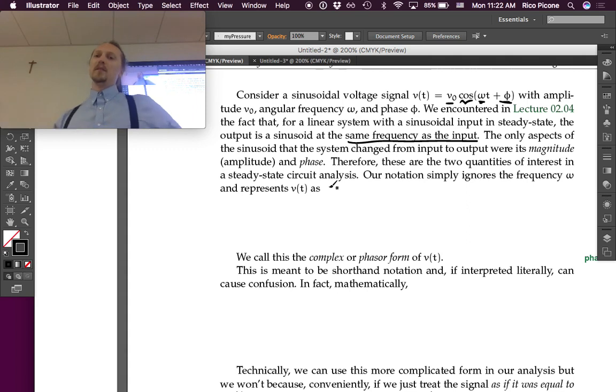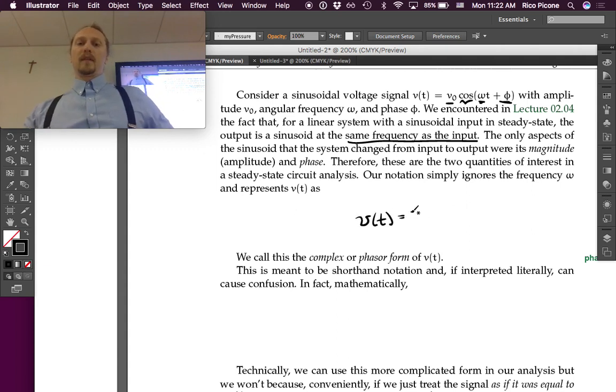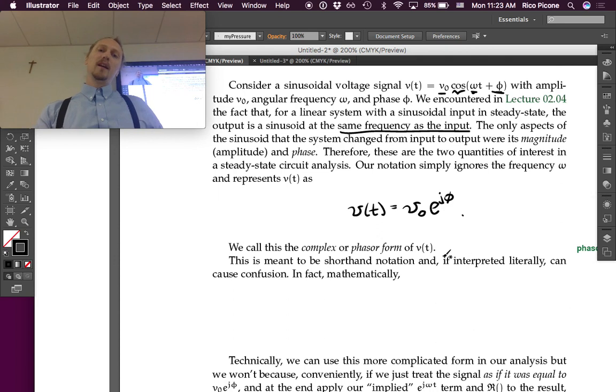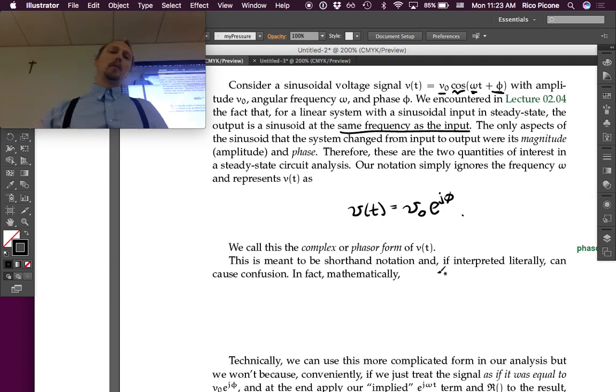Our notation simply ignores the frequency omega and represents V of t as V0 e to the j phi. We call this the complex or phasor form of v of t. It's also called the polar form. It's like 15 different names for these things.